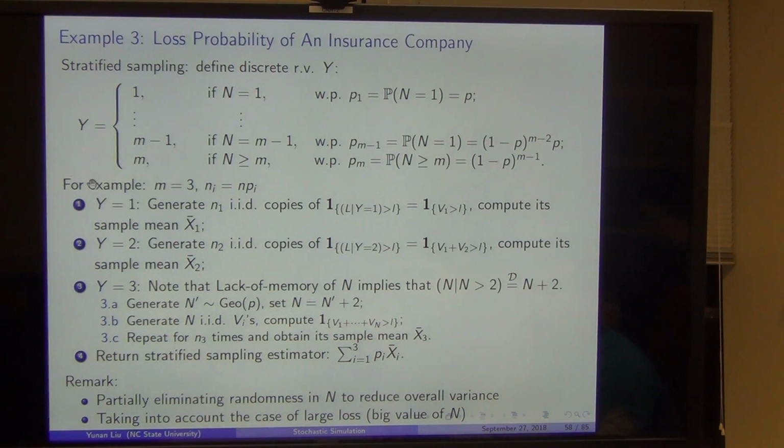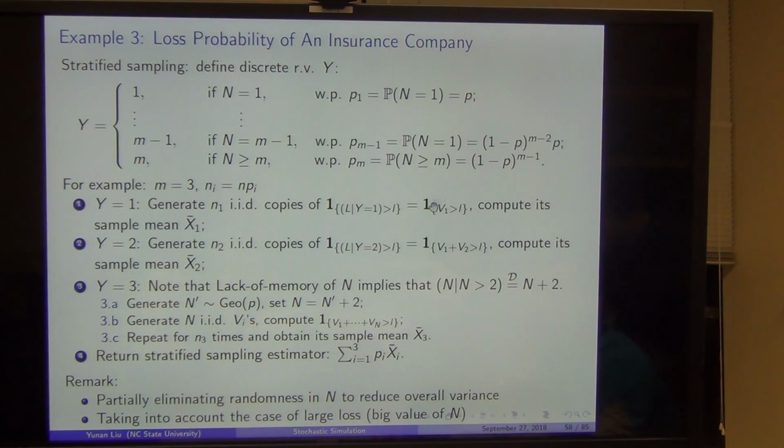For example, let's say m equals 3, and you do the PSS, proportional stratified sampling. Right? Let's say if Y equals 1, generate n1 copies of the indicator. Given Y equals 1, L equals just V1, because L is a summation, and Y equals 1 means n equals 1.